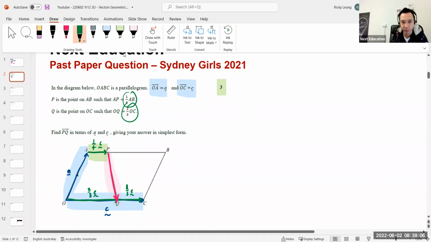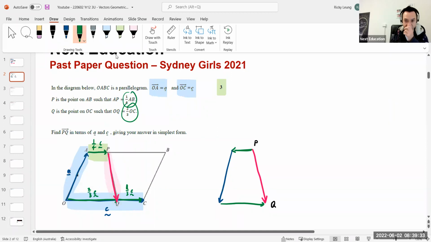If I went that way for the top vector, and the pink vector that I want, PQ, looks like that right now. Let's label that PQ. I've got a green one coming back this way, and a blue one going down this way. So green plus blue plus green equals pink.